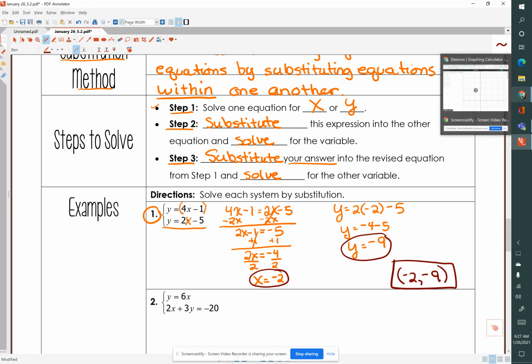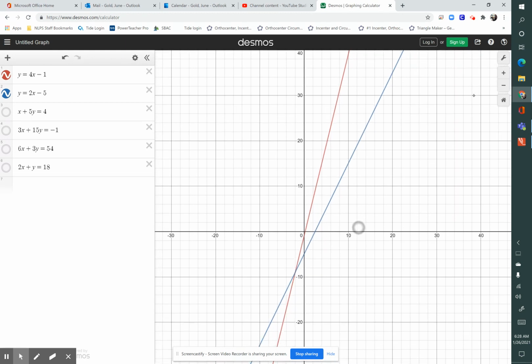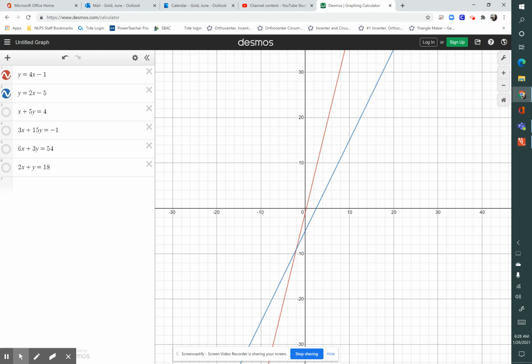Now let's take a look at some of these equations. I've gone ahead and done a little bit of graphing in Desmos. So let's turn on the first 2 equations. We have y equals 4x minus 1 and y equals 2x minus 5. 4x minus 1 is the red line, 2x minus 5 is the blue line, and if I look at the point where they meet, negative 2, negative 9.